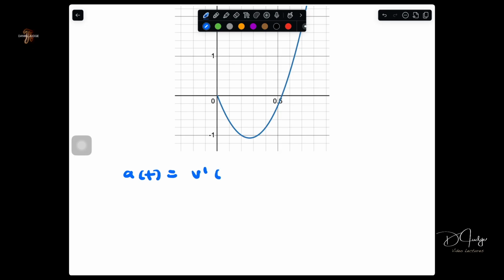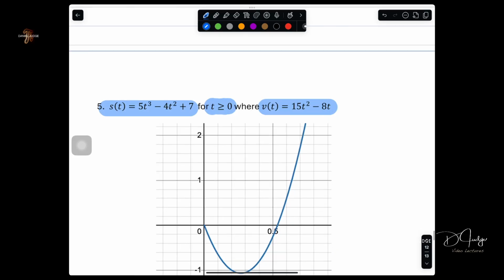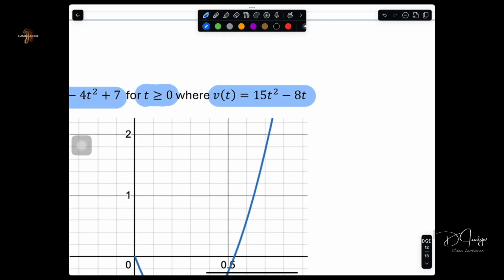is the derivative of velocity. Velocity is 15t squared minus 8t.